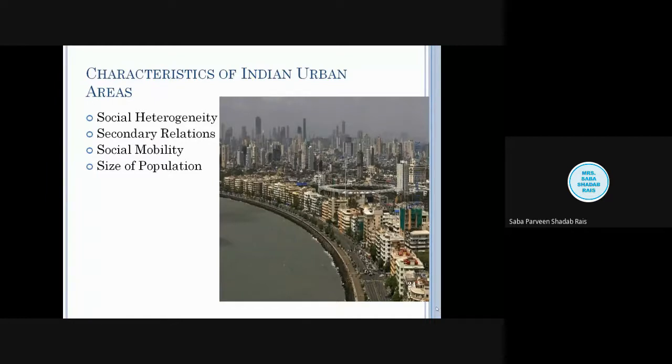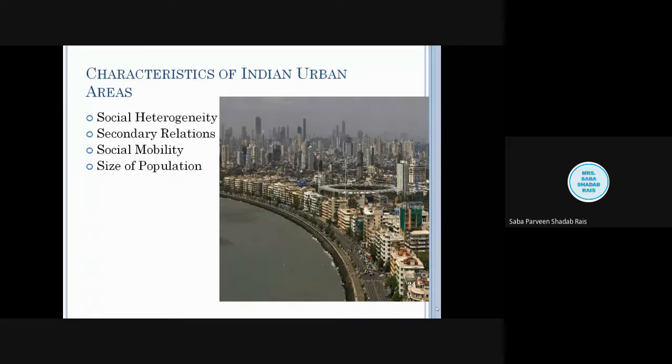If we compare India with countries like Russia, USA, Japan, UK, Australia, we are very far behind, as India has approximately 31%, Russia 74%, USA 82%, Japan 91%, UK 80%, and Australia 89% population in urban areas. But we have a very small population in the urban area.